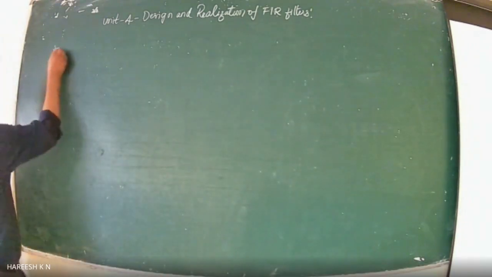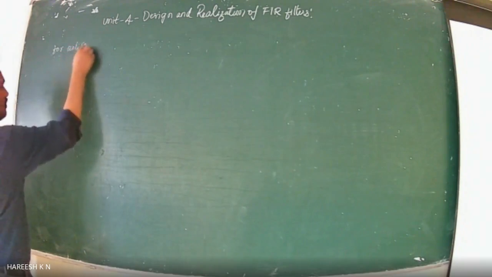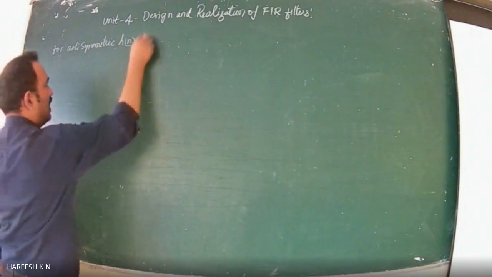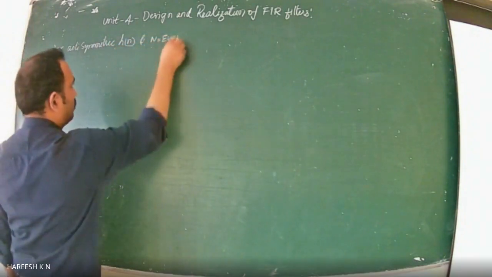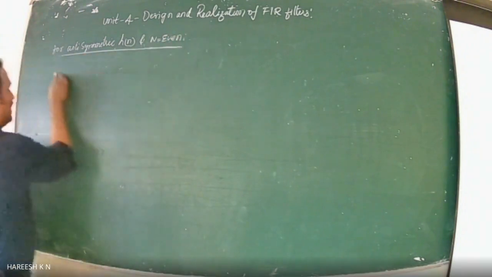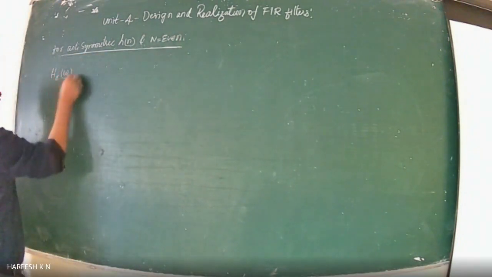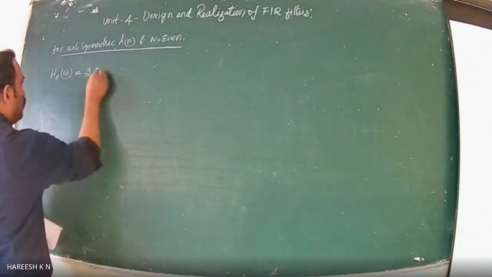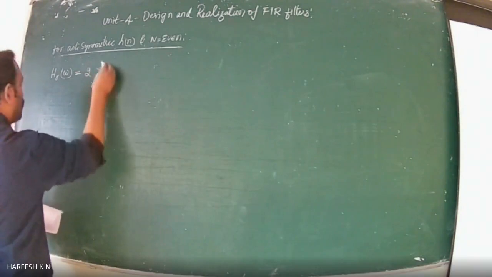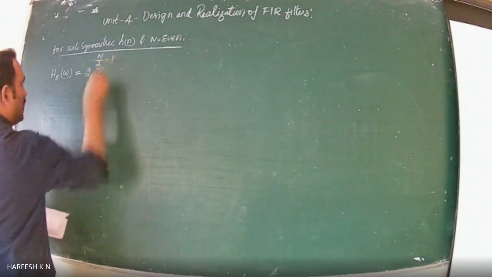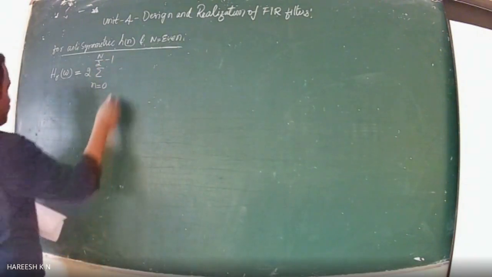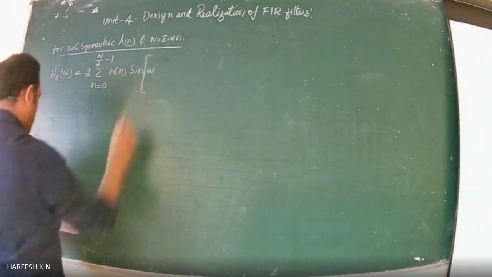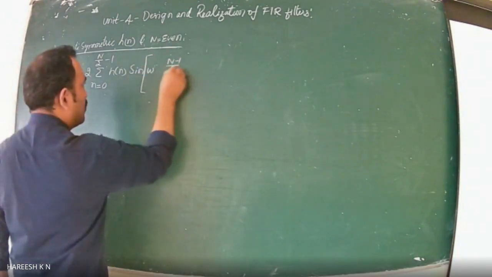Therefore for anti-symmetric h of n and N equal to even, HR of omega will take up the form 2 summation n varying from 0 to N by 2 minus 1 of h of n sine of omega into ((N minus 1) divided by 2 minus n).